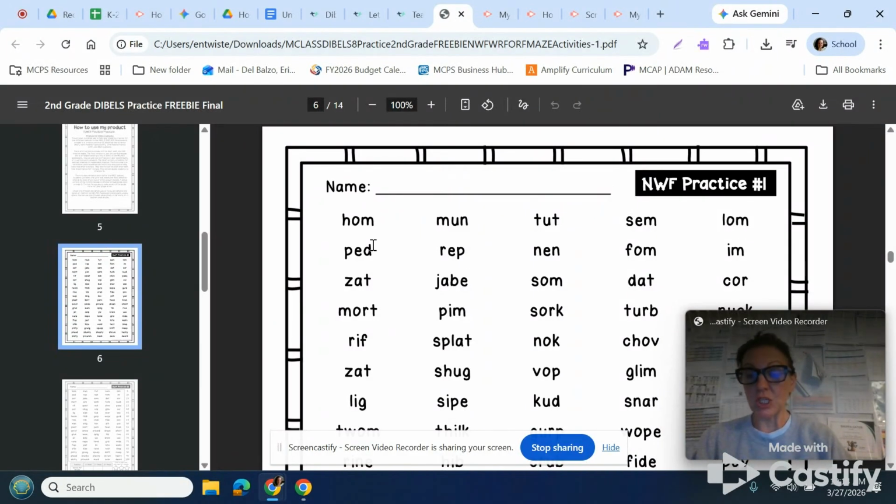The student actually gets 2 scores from this one subtest. They get something called correct letter sounds, and they also get something called words read correctly. And the way we describe this to students is these are technically not words, so they're called nonsense words, but they're actually syllable parts of larger words. For example, hom could be a part or a syllable in the word homophone.